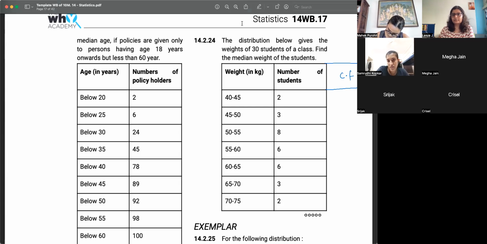Median class, find out n by 2. Here what will n by 2 be? You get 30, 15, 15. So where is the 15th observation? Once you have the cumulative frequency, only then will you know. Yes, ma'am.